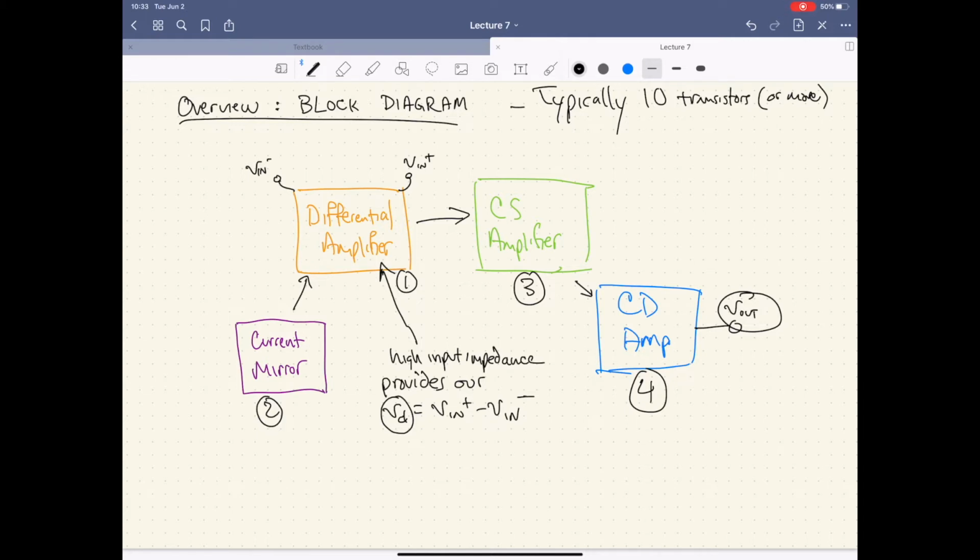So yeah. Next thing is our current mirror, and this is biasing the current for the differential amplifier.